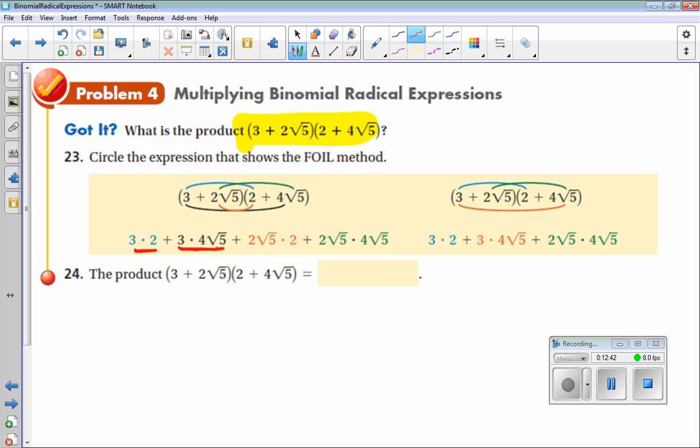Then I'm going to take the 2 radical 5 and multiply it times the 2 and times the 4 radical 5. That's all I've done so far. Okay? So this first term, this first one here, is the one that is correct.